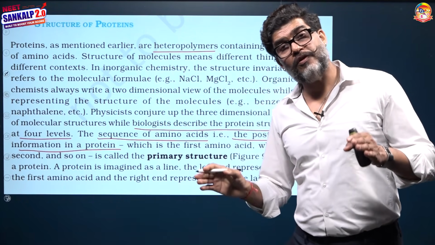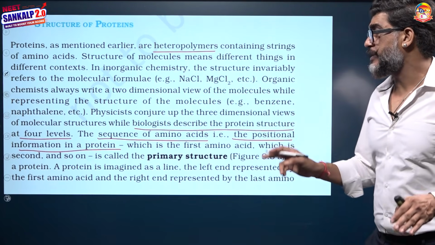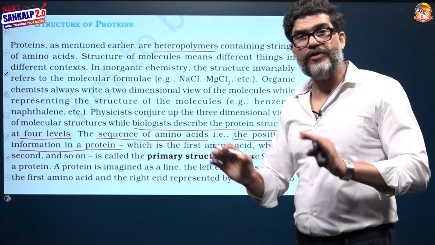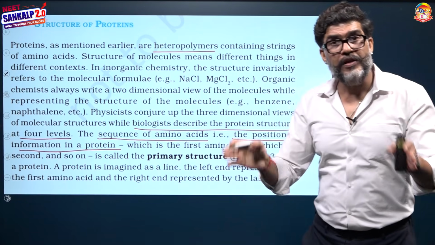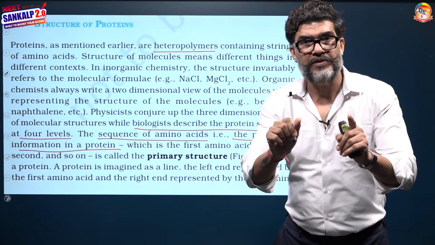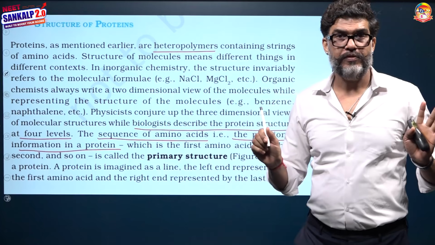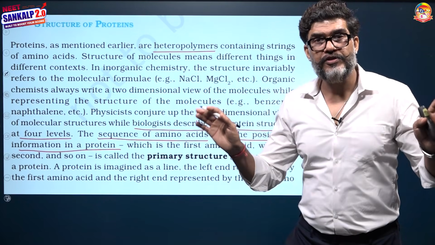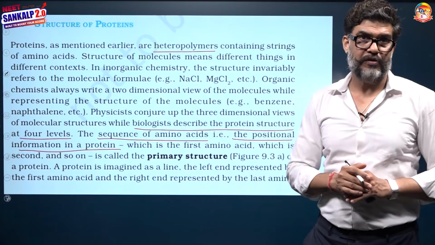Primary configuration of protein means sequence of amino acids, simple. In a primary configuration of protein, only one type of bond is present, that is peptide bond. No other additional bonds are present in primary structure.